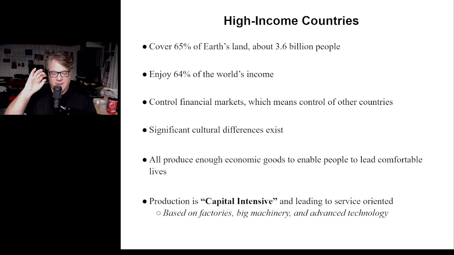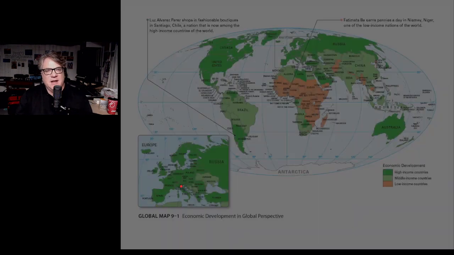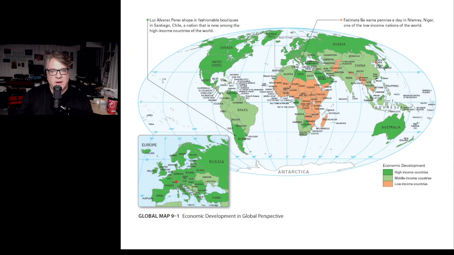So, but think about advanced machinery, big machinery, advanced technology across economic activity, whether it's primary sector, advanced machinery in the secondary sector, and advanced machinery and information technology in the tertiary sector. Okay? High income countries. Next, we're going to look at where these are located, and not just those places, but generally where middle and low income societies are.